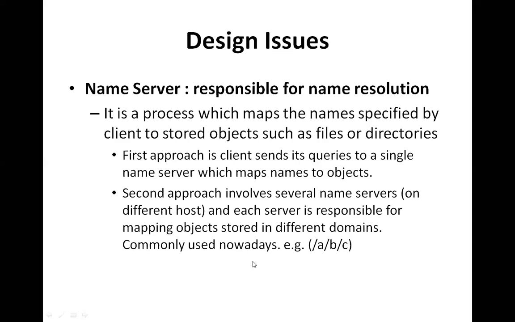To get better performance and fault tolerance, we have to do one more thing: we have to replicate these tables which are used by the name servers to the different servers.